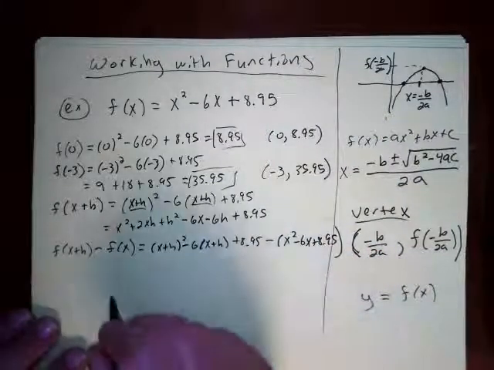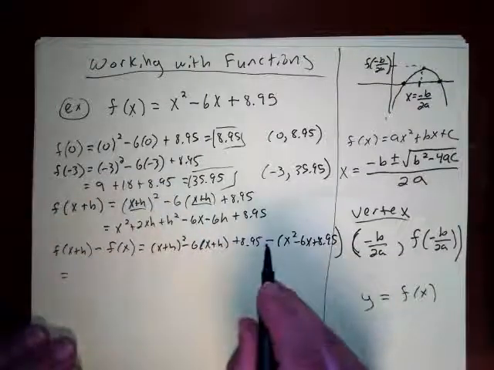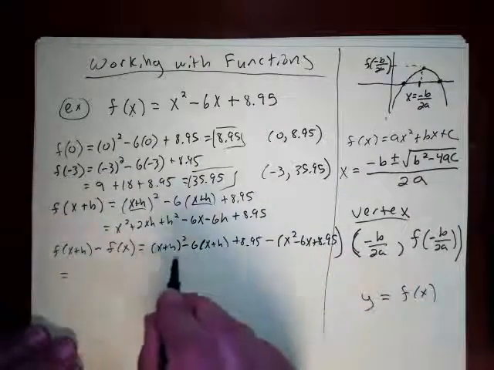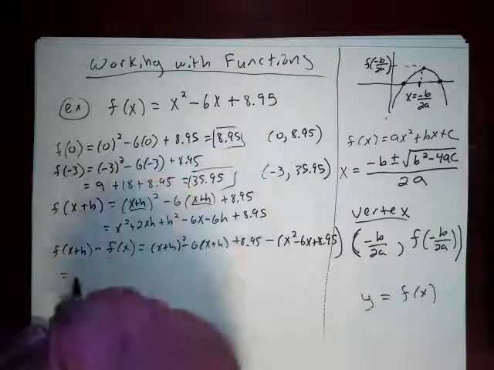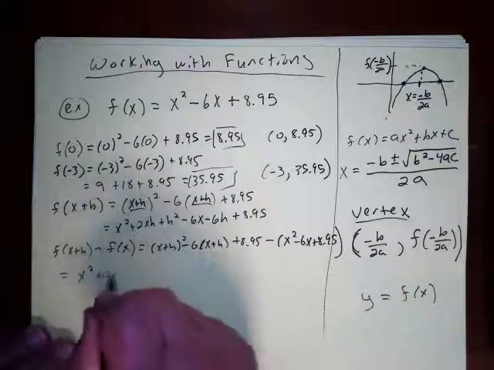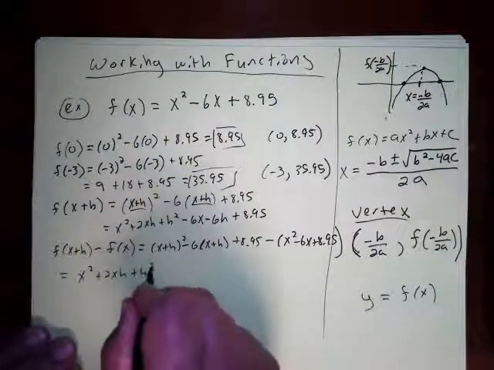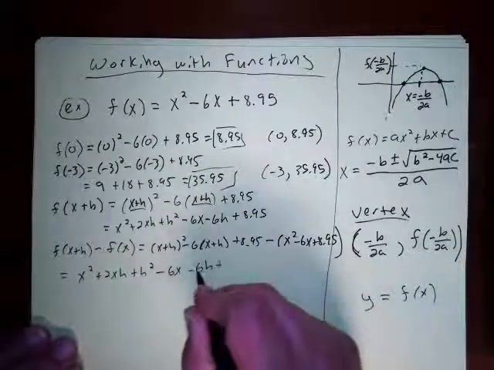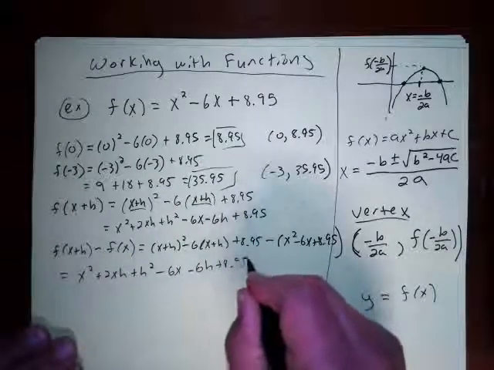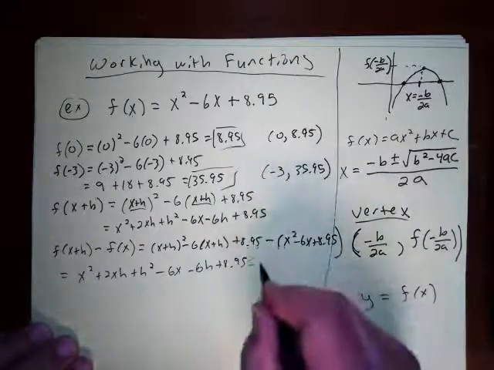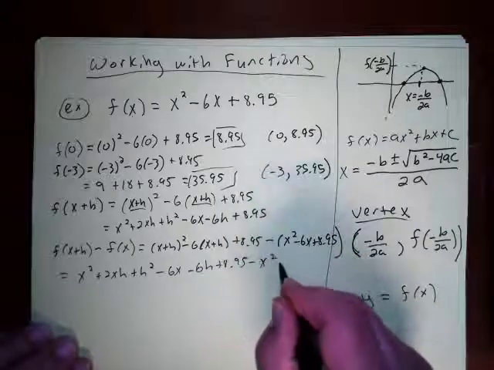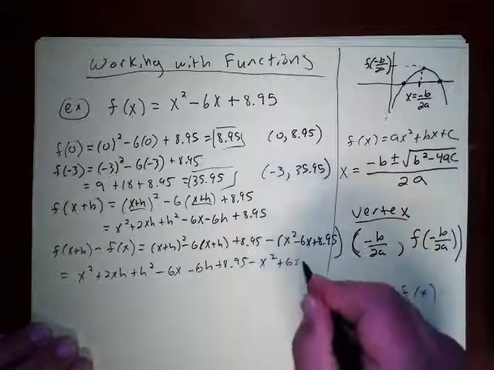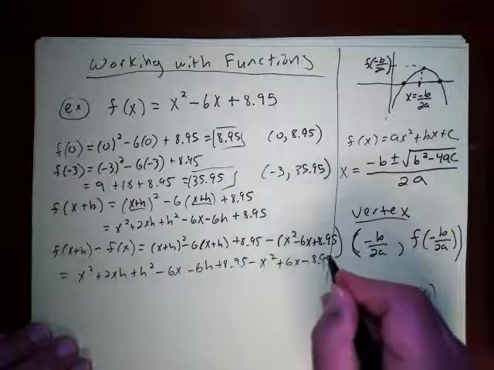And this actually reduces down pretty nicely if I distribute that negative sign. So this thing we've already seen reduces to all that. And so I'm going to distribute the negative sign, so I get negative x squared plus 6x minus 8.95.